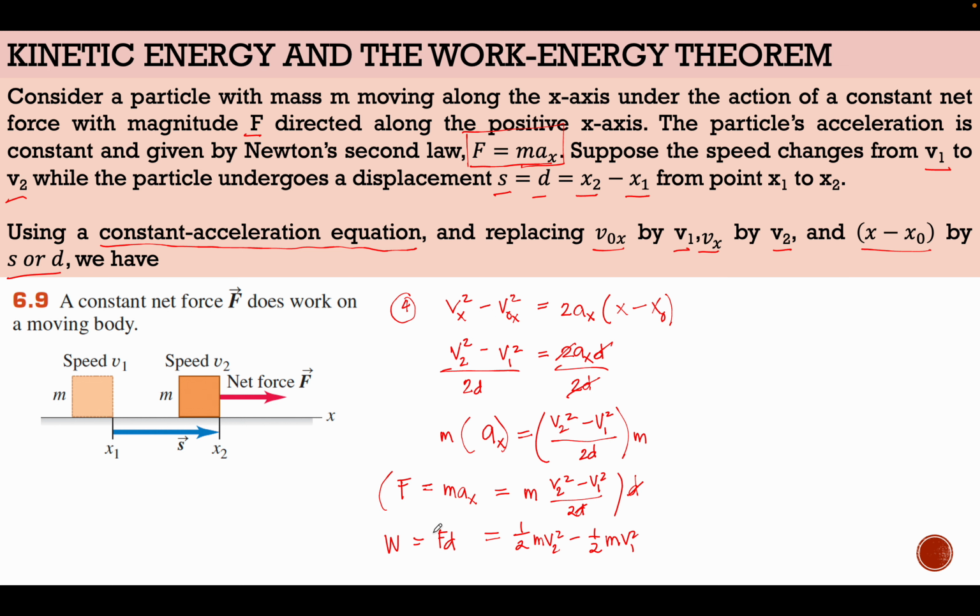So the work done is equal to 1/2 m v2 squared, or 1/2 times the mass times the final speed quantity squared, minus 1/2 times the mass times the initial speed quantity squared. Okay, so this is our equation right here.